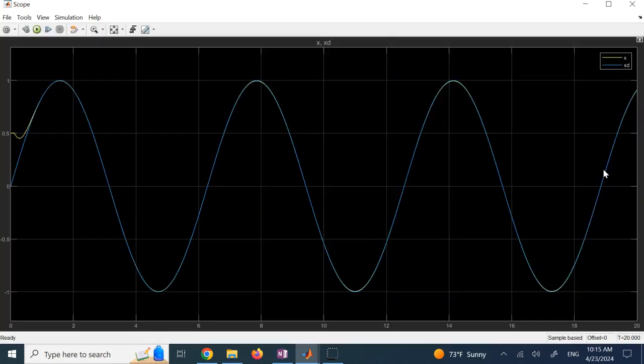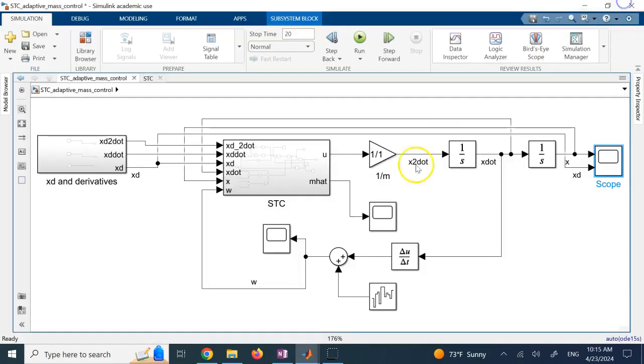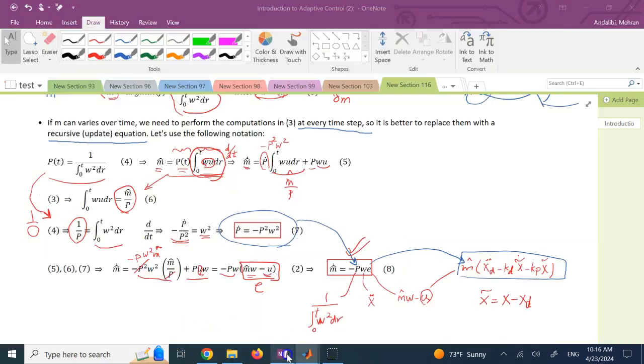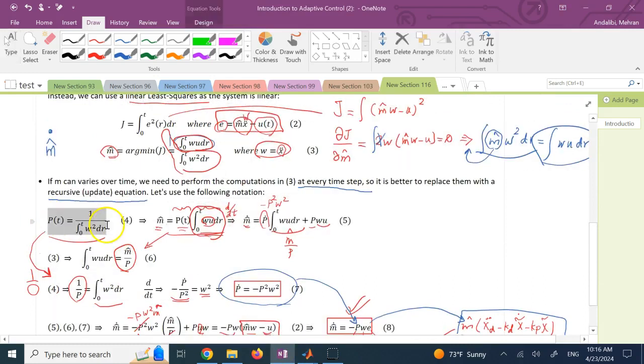So here, first make sure, you see the error is converging to 0. And you see now, if you look, for the same amount of time, your m hat is now past 0.97. So yes, it does affect. Now this slope is not as big as last time, but the overall level is up. And why is that? Because if you look at the definition, P is the integral of 1 over acceleration squared. So P at 0 is when this T is 0.